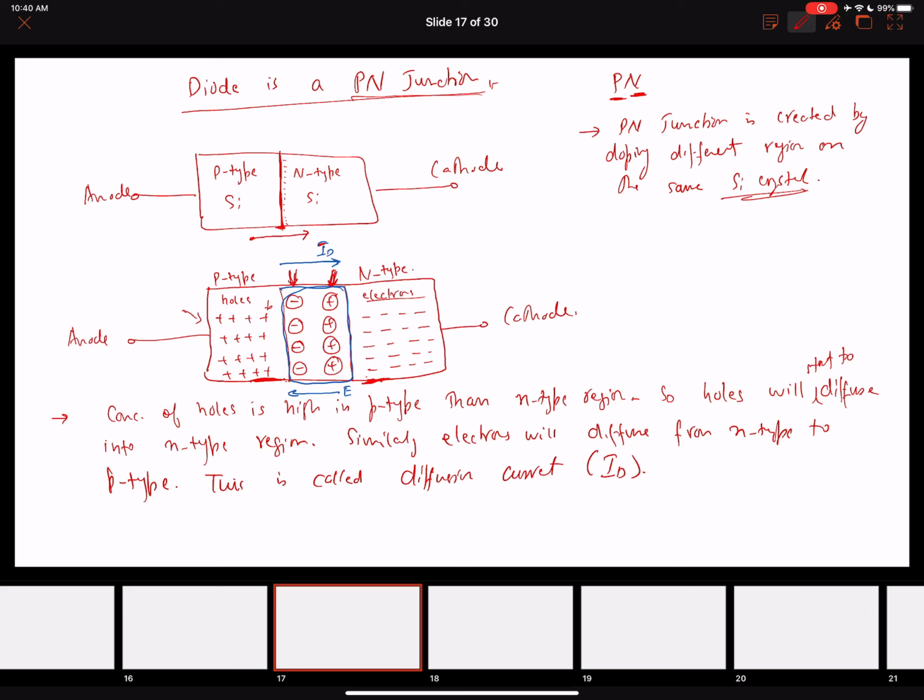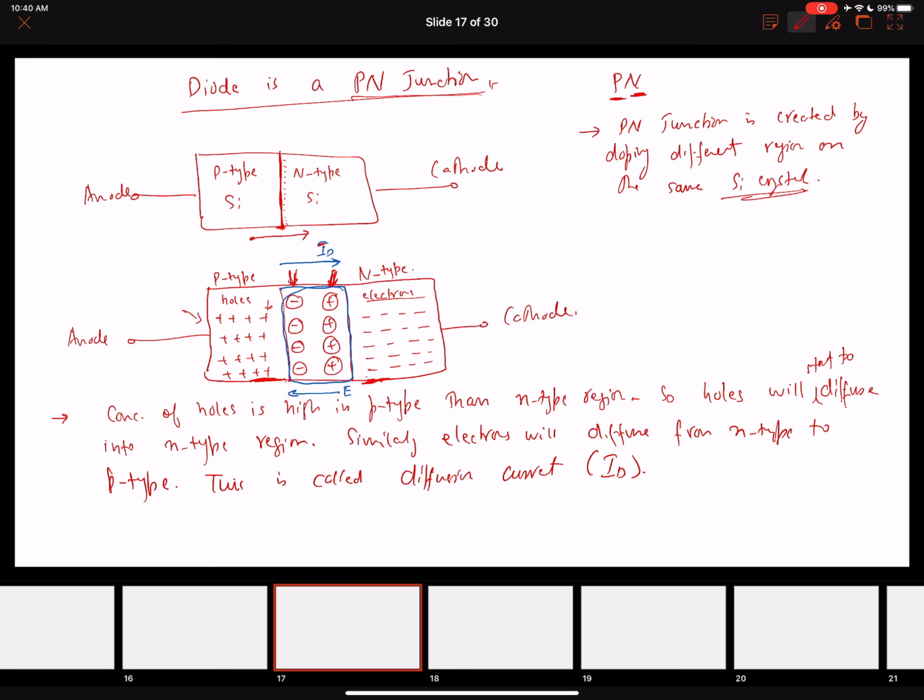This potential will prevent any further conduction. Because of it, holes will not move from the p-type to n-type, and electrons will not move from the n-type to p-type. So if we want conduction to ever occur, we need to overcome this barrier potential, or this depletion region.